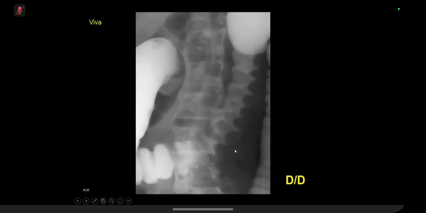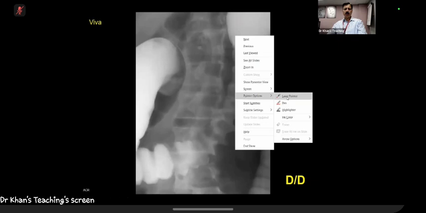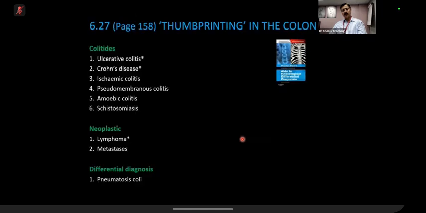These are proper thumbprints. I've shown you thumbprints in small bowel also, and this is mucosal edema. There is a bit of differential diagnosis. Practically anything can cause thumbprinting, like ulcerative colitis, Crohn's, etc., and even neoplasia.